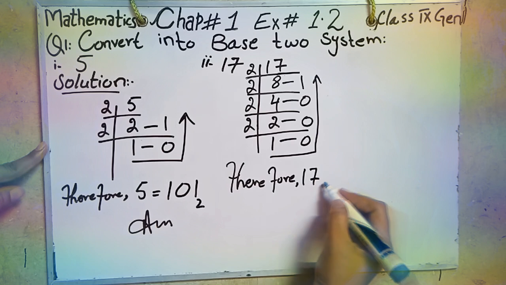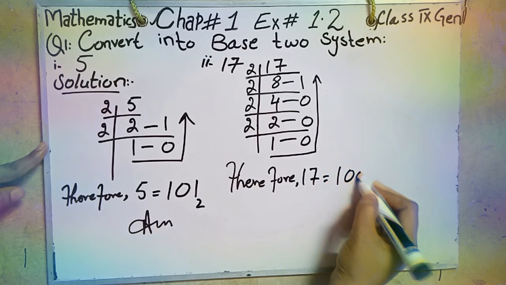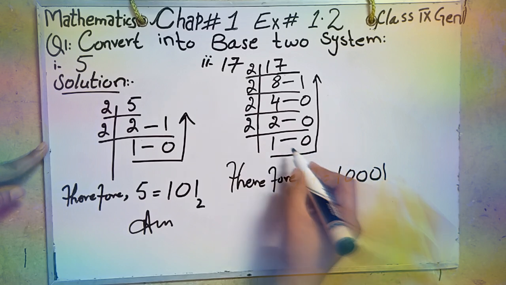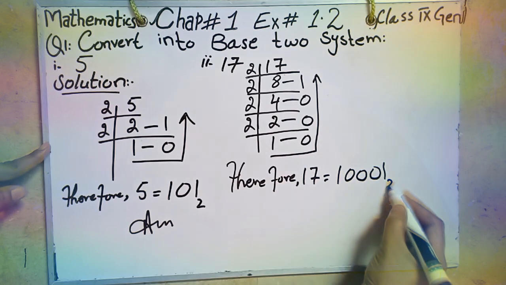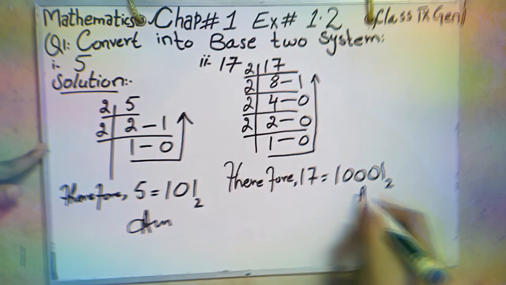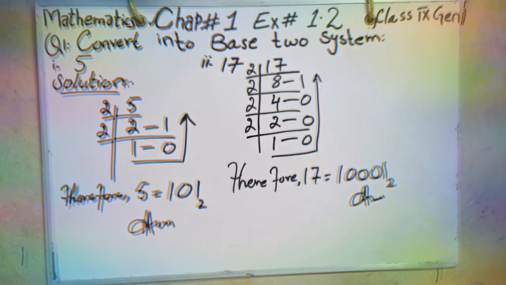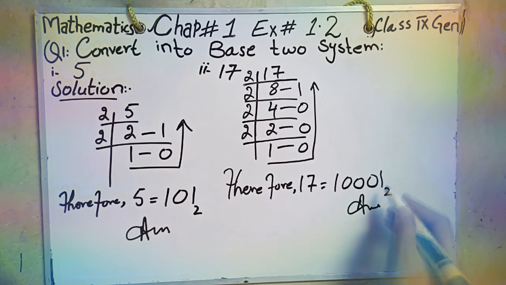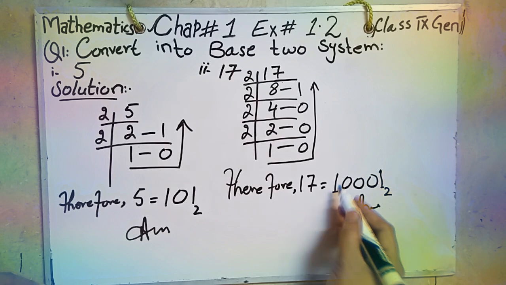Okay, 1 0 0 0 1 base 2 would be the answer. Base 2 is necessary, so after the solution, put the base. Finish second part.